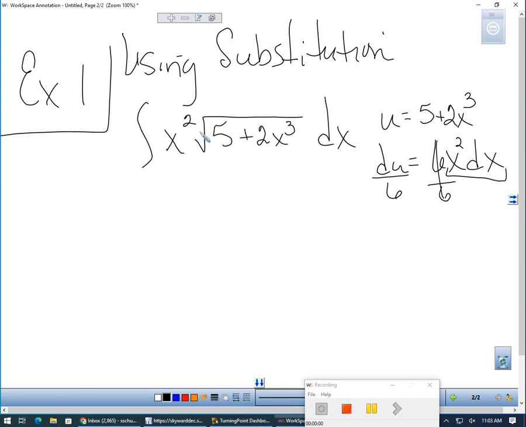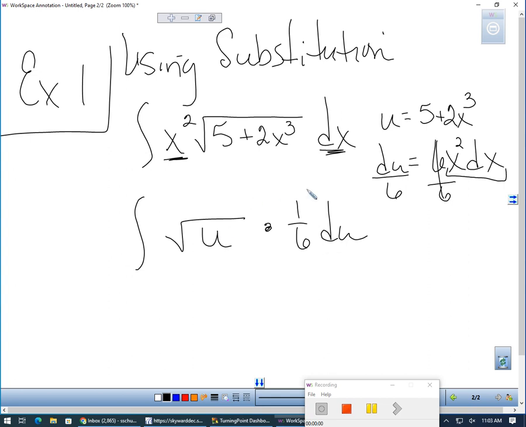Okay, so in my integral, I technically have the square root of u, and then the x squared dx gets replaced with 1 over 6 du. And I'm writing it that way so you can see where the pieces go together.